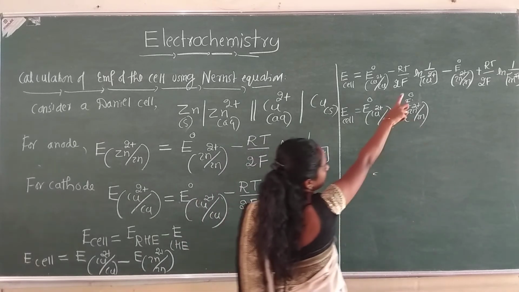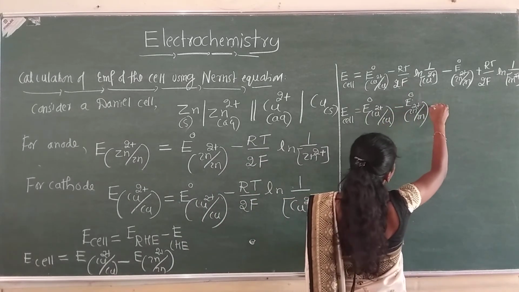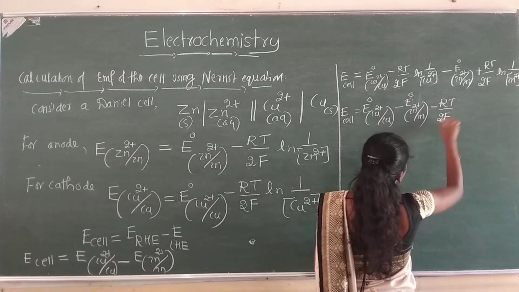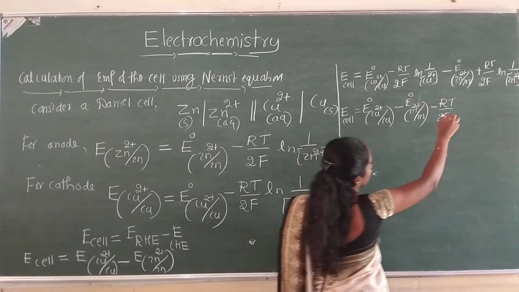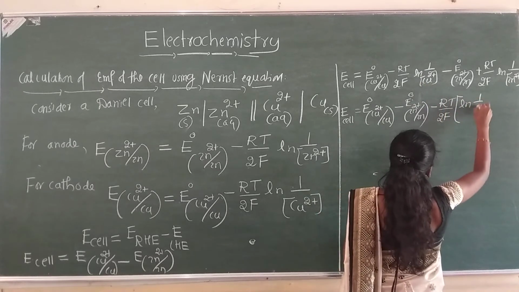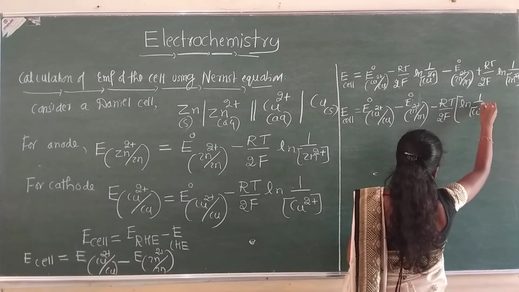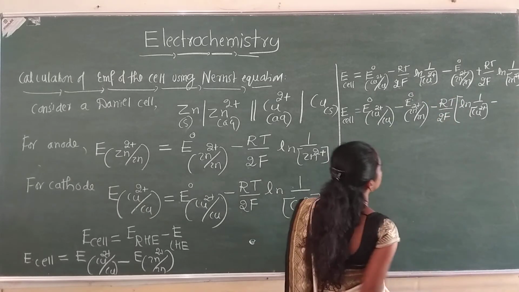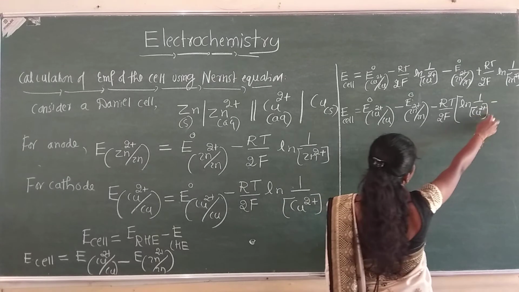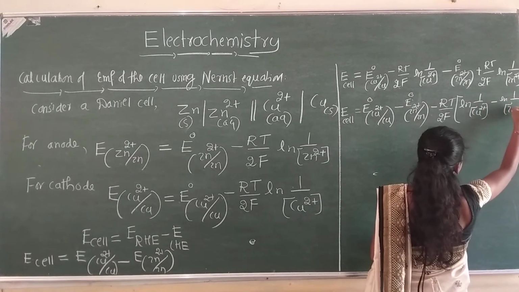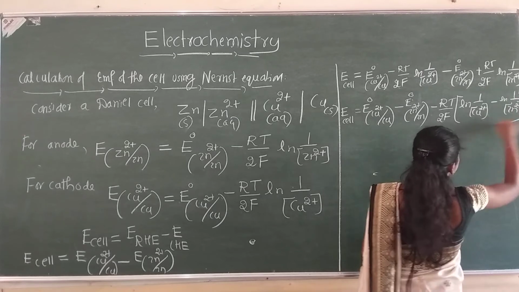Next, look at these two terms, which have a common factor, RT by 2F. We can take it outside. The remaining is ln 1 by Cu2+ and minus of minus, it becomes plus ln of 1 by Zn2+.